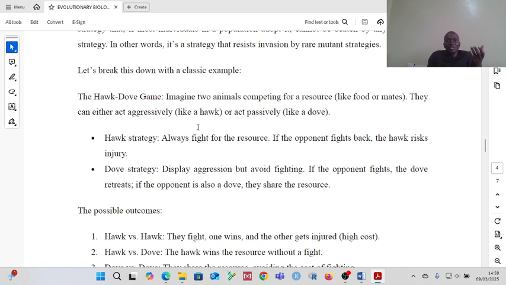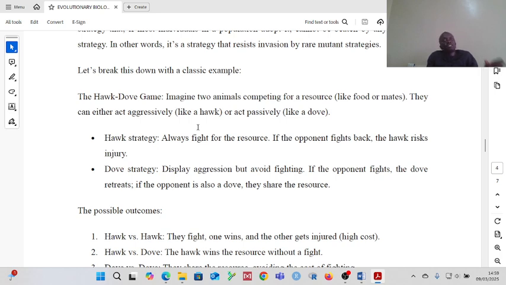It's a sign of humility. So you can imagine that if there are two animals competing for a particular resource, for example food or even mates, one is to act aggressively like a hawk would do.